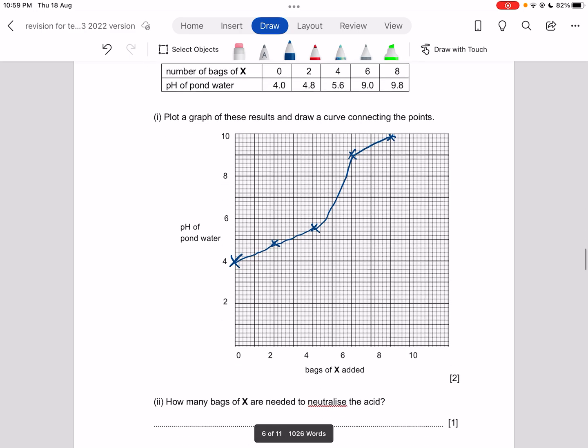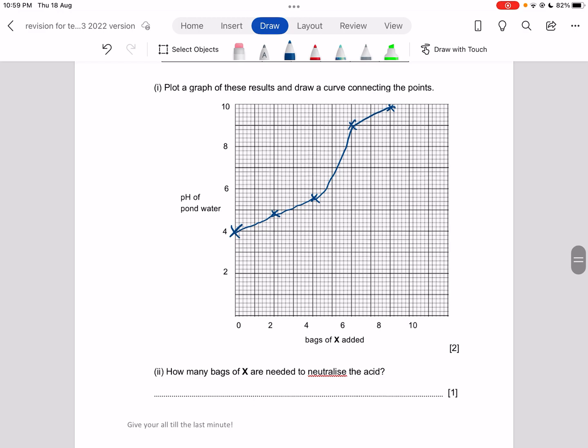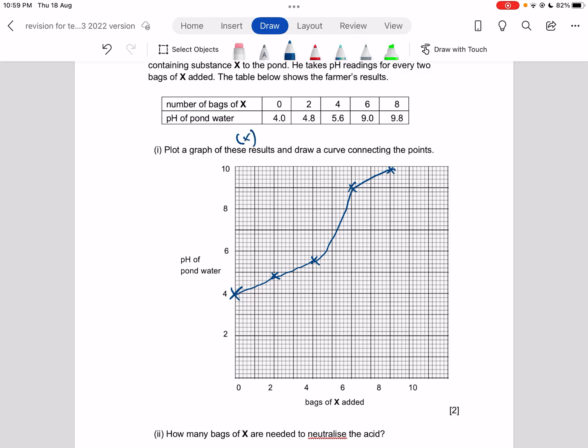Okay, so generally I think the graph is okay for you. Just remember, when they say plot, put one X down there. If not, I will penalize you because you never plot. Plot means you must put this X. Some of you just dot. No, you must put the cross.